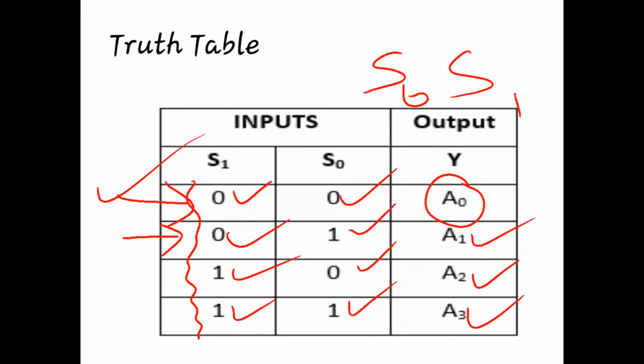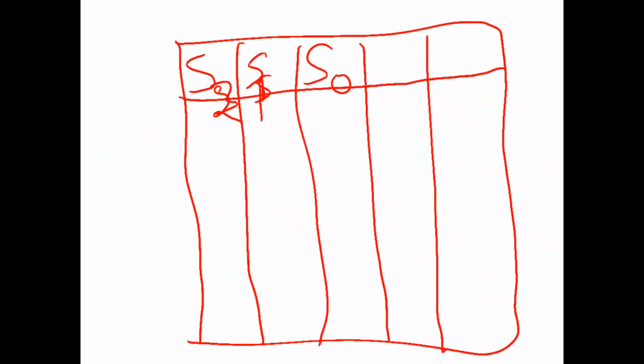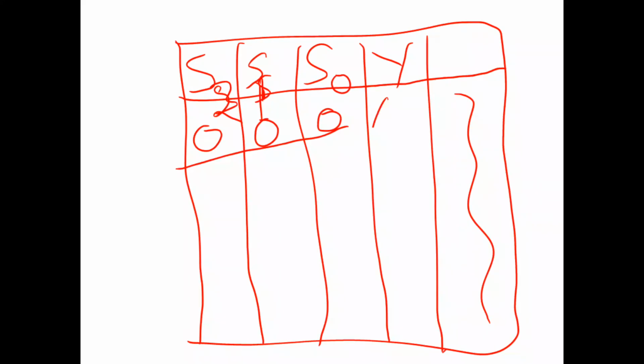Now what other thing is required? We require only a single output. Let us say Y. The first combination of the select lines will be 0, 0, 0. So depending upon these, we will have the first output line, that is A0.